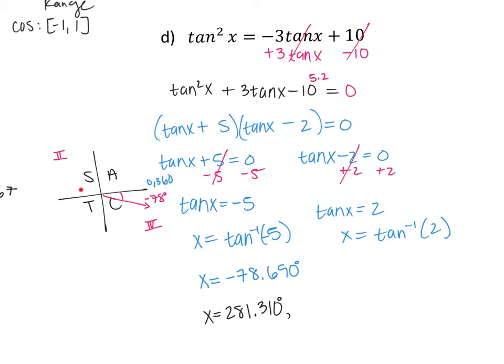Let's try to find the second quadrant angle. So it would also have the same reference angle, about 78 degrees towards the second quadrant. So if this here is 180 degrees, I can take 180 and subtract 78.69, what was the angle that I got?